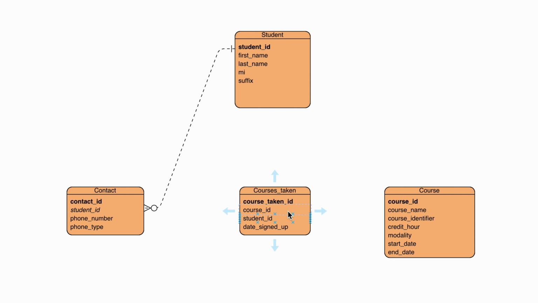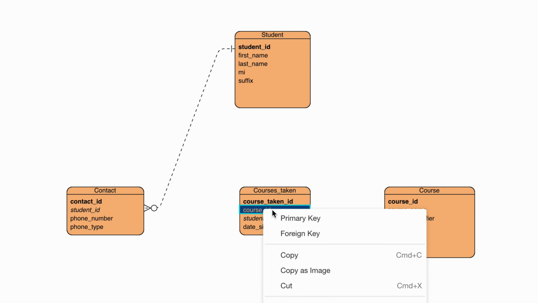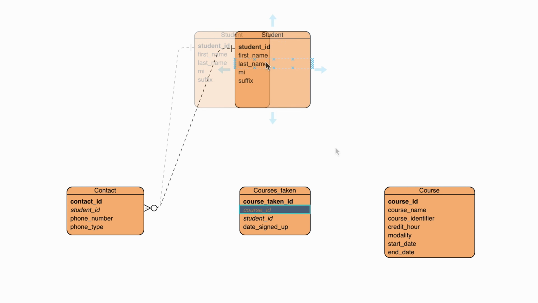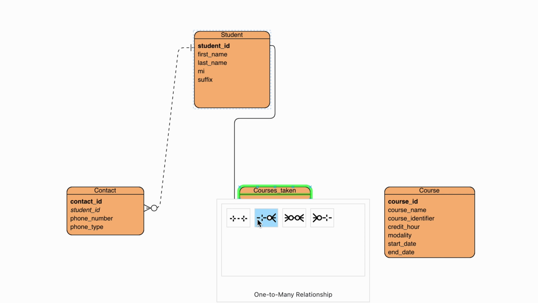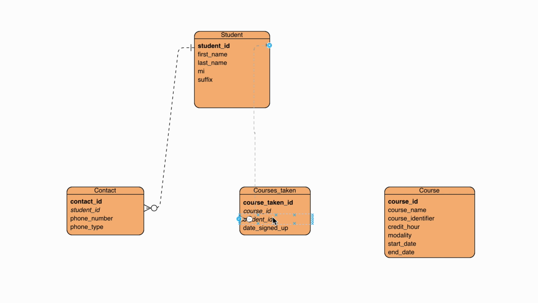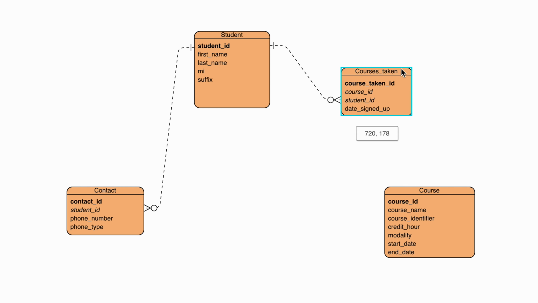So let's first of all set our student ID as a foreign key and our course ID as a foreign key. Looking at our entity, a student would have many courses, which is why we use the courses taken table. And we'll model this as one student to many courses taken. Let's move this up a little bit.